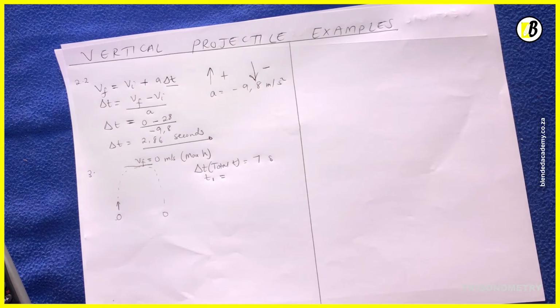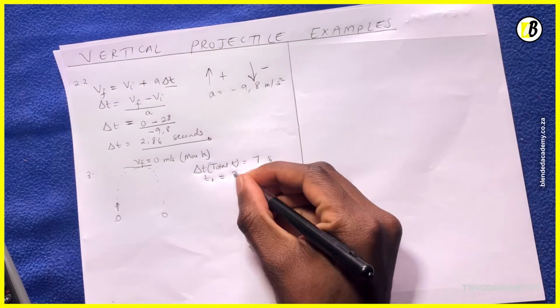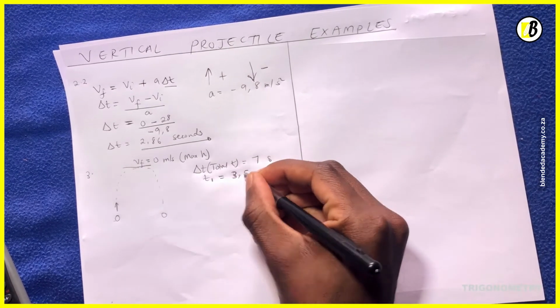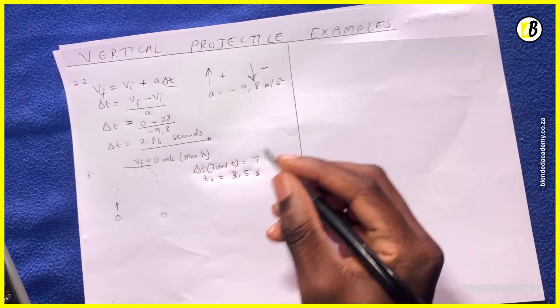So assuming there is no air resistance, there's only gravity acting on this ball, let's divide the total time by 2 to get the time that it's going to take to reach the maximum height and also the time that it's going to take to go back to the thrower's hand.